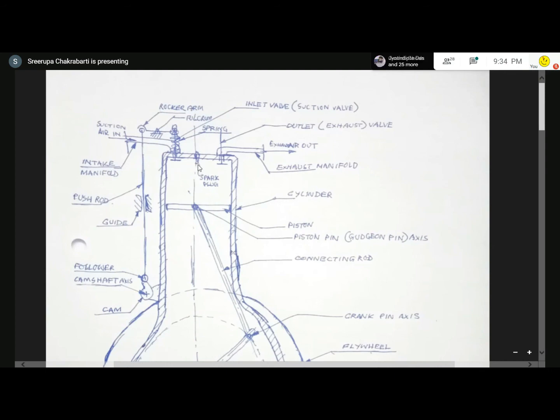Try to visualize. The piston is moving very fast downward, and the gas is trying to catch up with the piston. There is always a gap between the two, because there is a vacuum between the receding piston and the downward advancing gas.